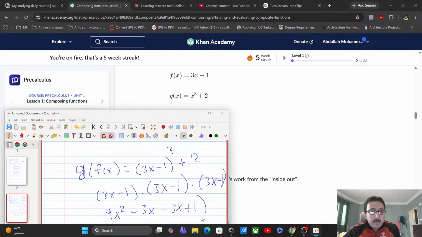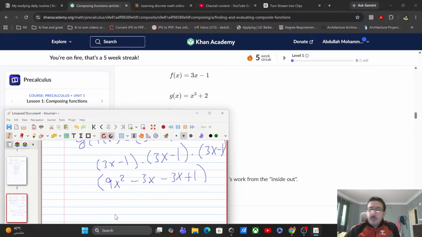So I got this here. Probably need algebra. Need to go back to algebra. Even 3x minus 1. So I got 9. I got this. Get an easier way. Go here. 3x minus 1 over.